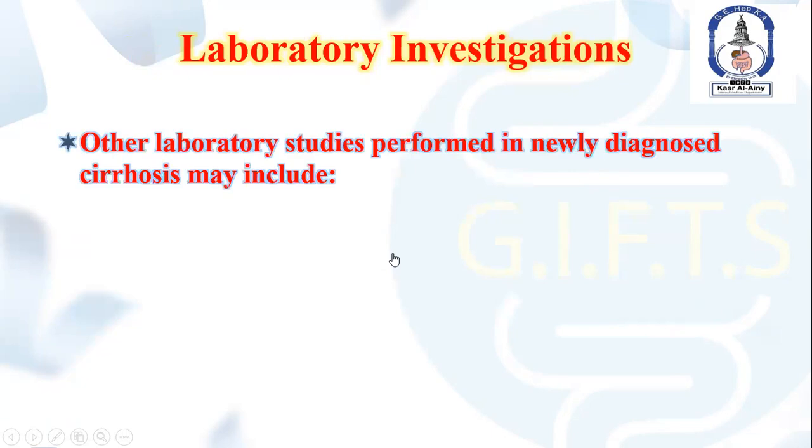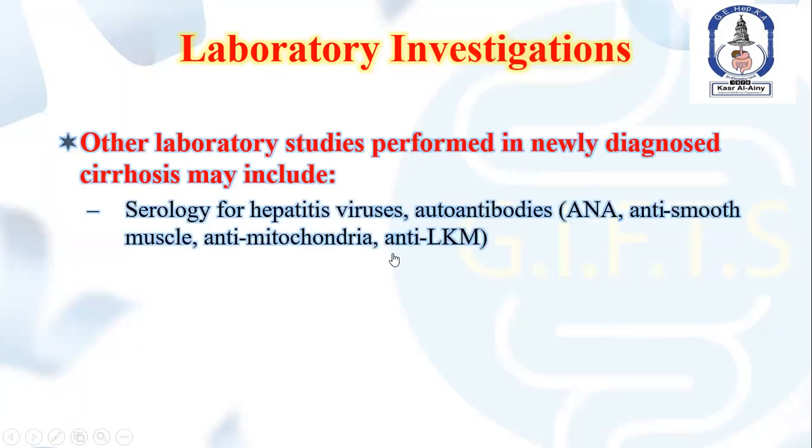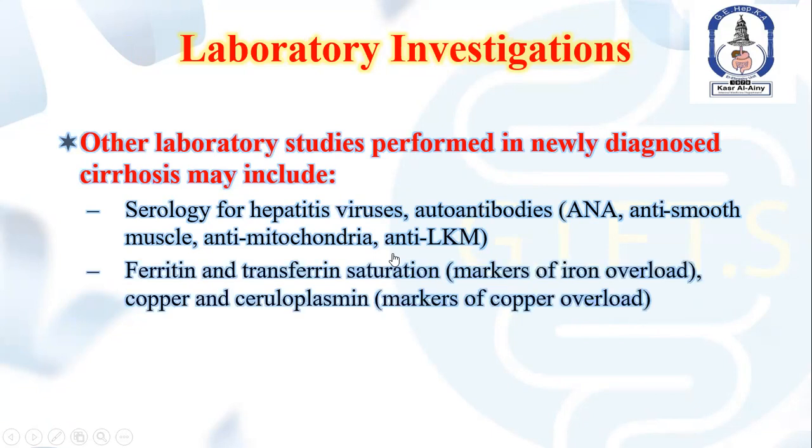Other laboratory studies performed in patients with newly diagnosed cirrhosis will be serology for hepatitis markers, autoantibodies, anti-nuclear, anti-smooth muscle, anti-mitochondrial and anti-liver kidney microsomal antibody, ferritin, transferrin saturation, which are markers for iron overload when we are suspicious of hemochromatosis, copper and ceruloplasmin.